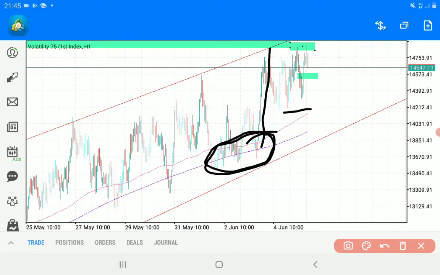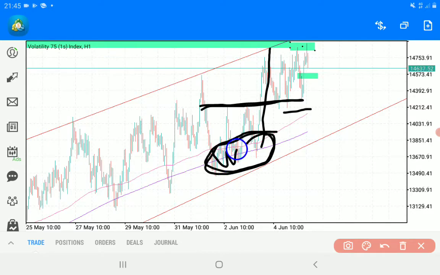All right, so you know that, okay, somewhere here, when it creates a triple bottom, so I am enjoying this thing, guys. I'm actually enjoying it. So you actually have a lot of pointers to look at before you enter a market.